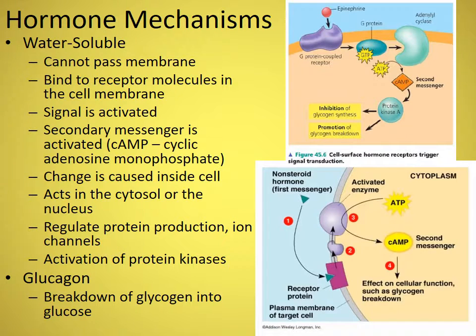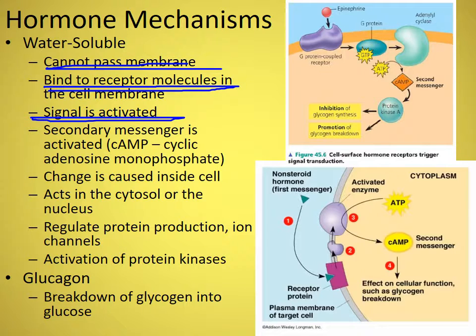Taking a look at how protein hormones signal a cell here, they cannot pass through the membrane. So what do protein hormones do? They bind to receptor molecules in the cell membrane. When that happens, a signal is activated.